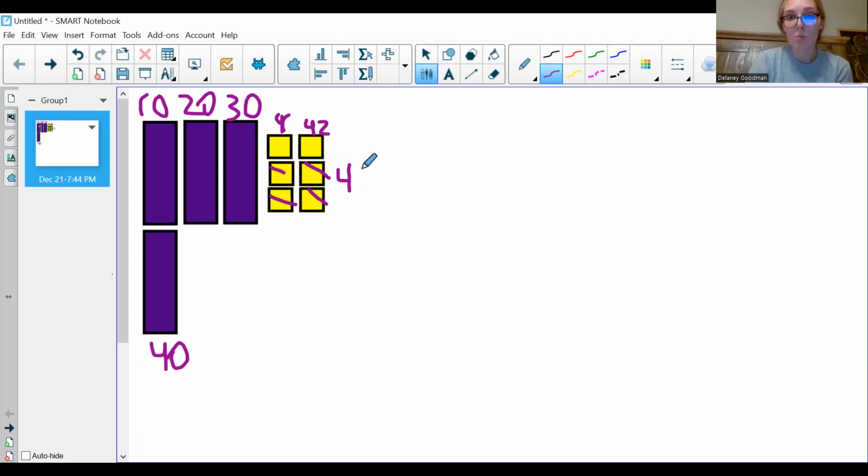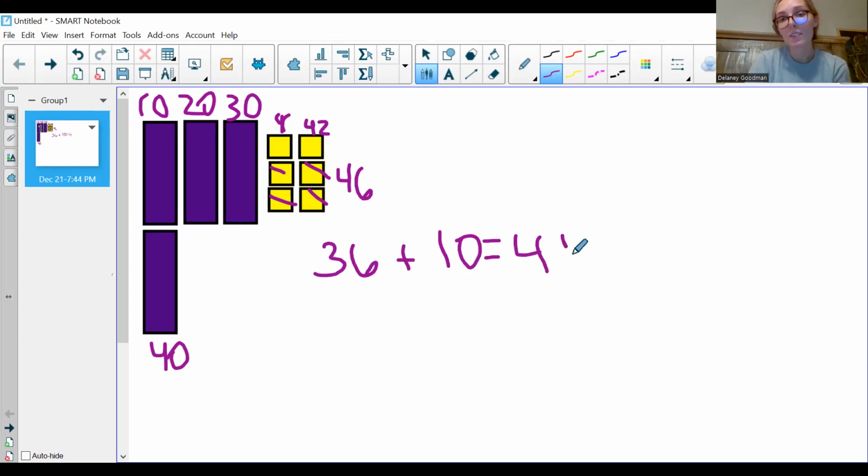How many stuffed animals does Nicholas have now? Nicholas has his 36 that he had before, plus the 10 more that his mom gave him. So now he has 46. Okay? 46.